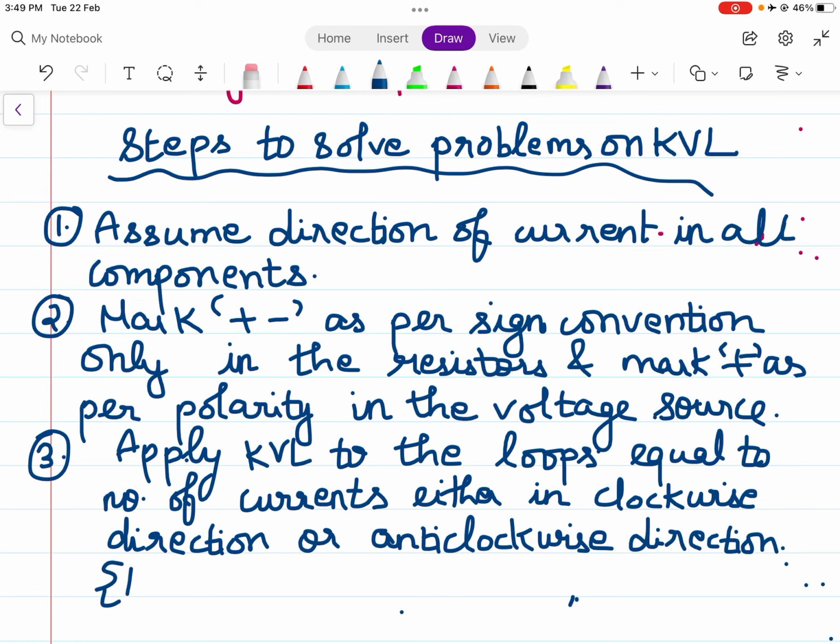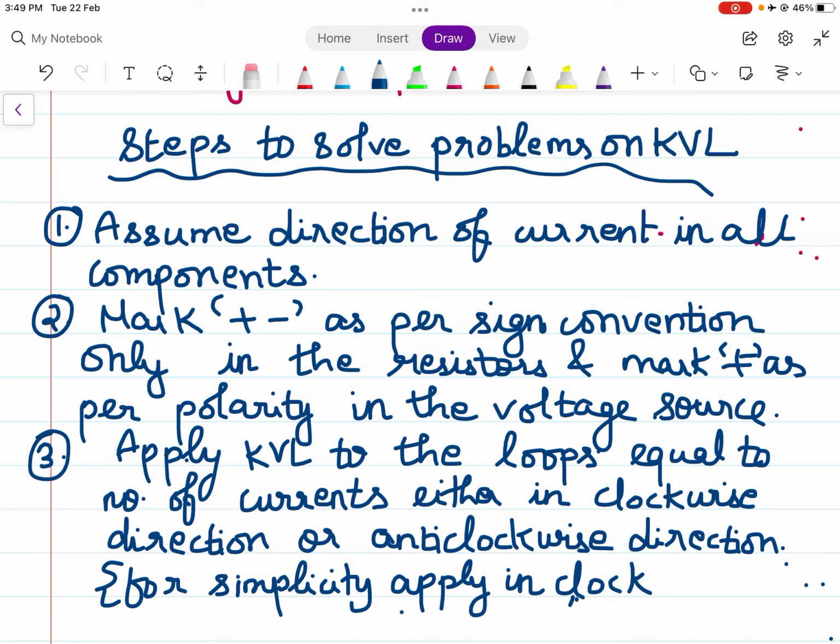But for simplicity, apply in clockwise direction.